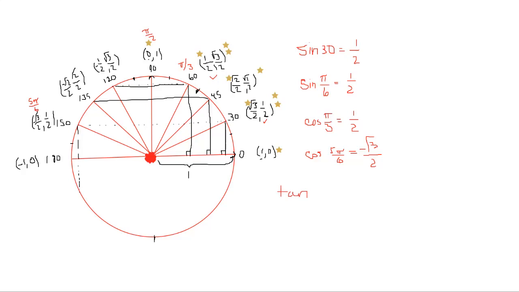So if you look at the tangent of pi over 6, for example, the tangent is going to be the y value, and remember pi over 6 is going to be at 30 degrees, and the tangent again is the y value, which is 1/2, divided by the x value, which is the square root of 3 over 2.